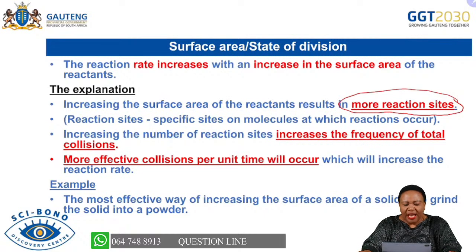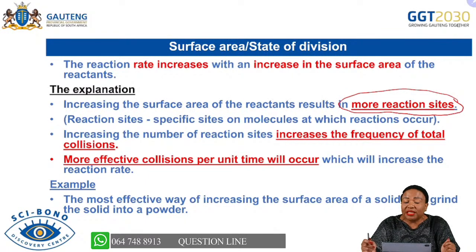And therefore, this will increase the number of reaction sites, increasing the frequency of total collisions. So as you are spreading it out, it will make more sites have effective collisions by increasing the frequency of the total collisions. And then there will be more effective collisions per unit time. Therefore, the reaction rate will increase.